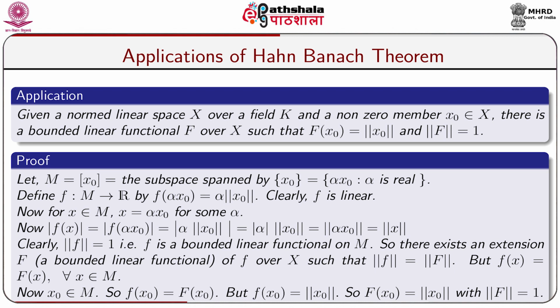It can be easily verified that f of x plus y is equal to fx plus fy for all x, y belonging to capital M, and f of beta x is equal to beta into fx for all beta over the field of reals and x belonging to capital M. Now, for x belonging to capital M, M is the subspace spanned by x0.